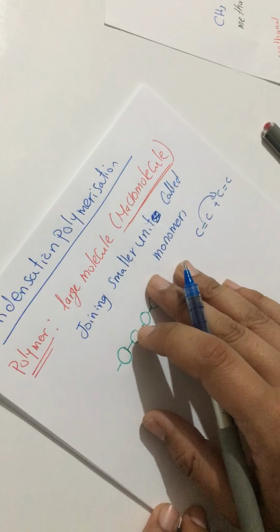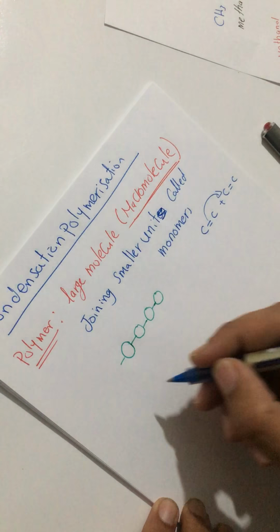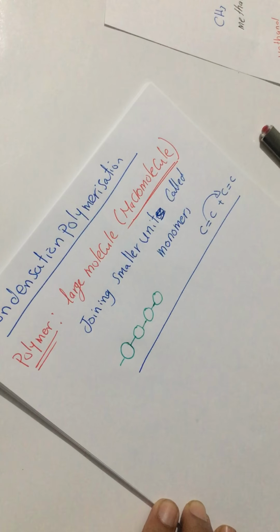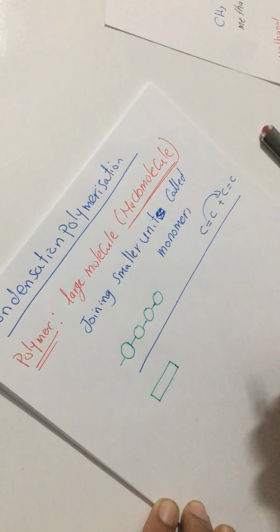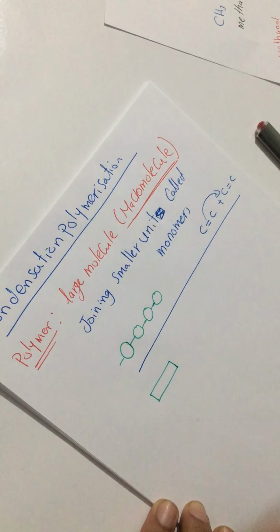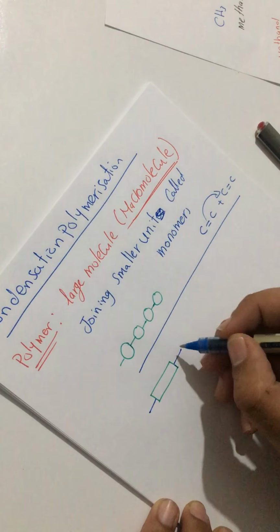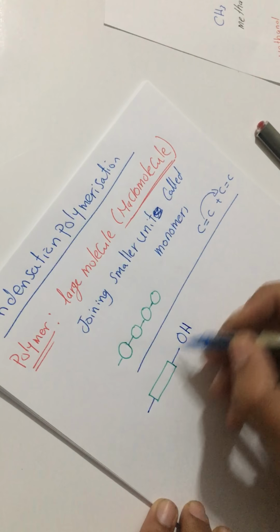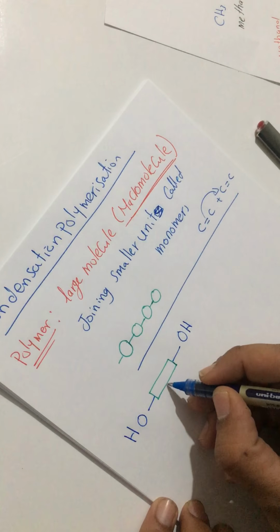The other type of polymerization is the condensation polymerization. And here I'm going to refer to the monomer with this box, and it's okay to give the molecule this shape.